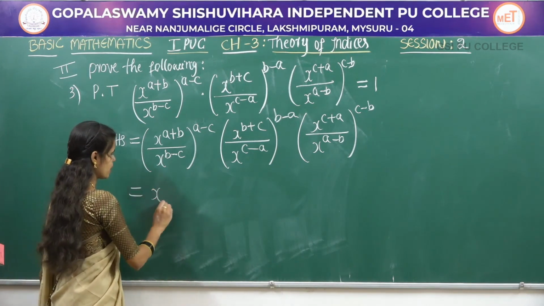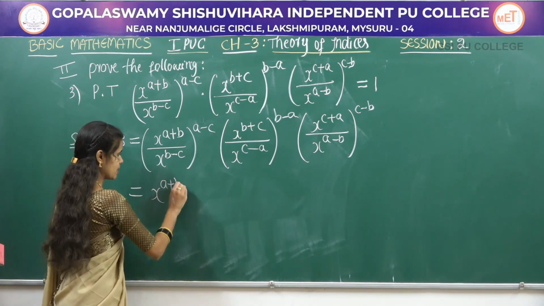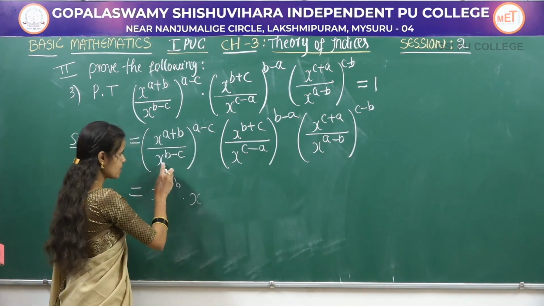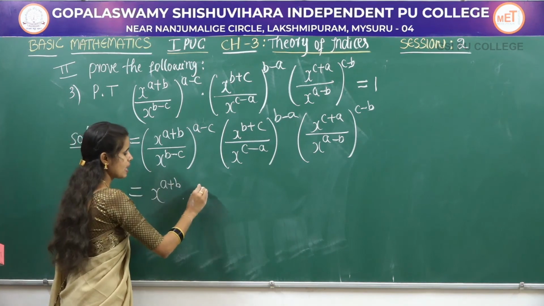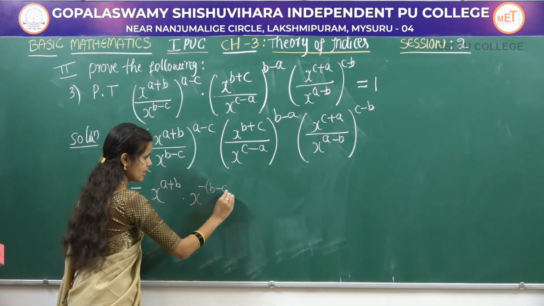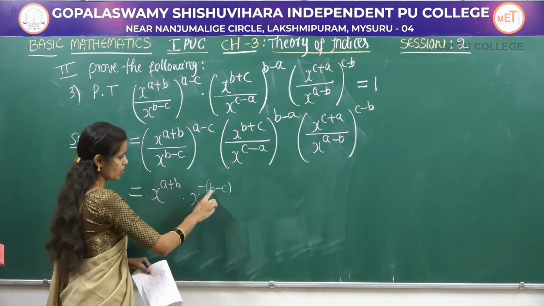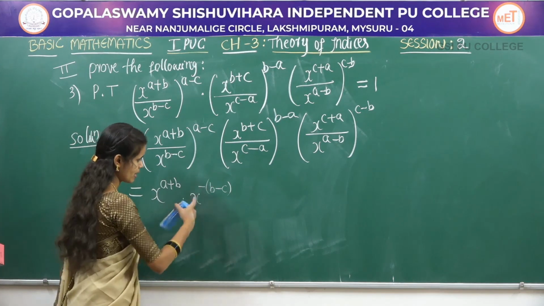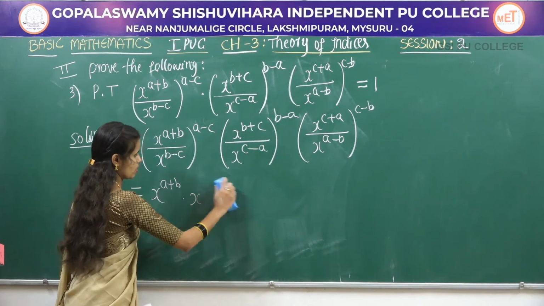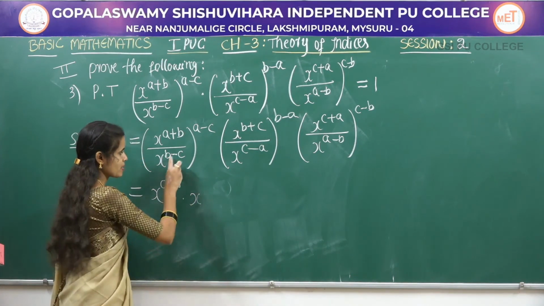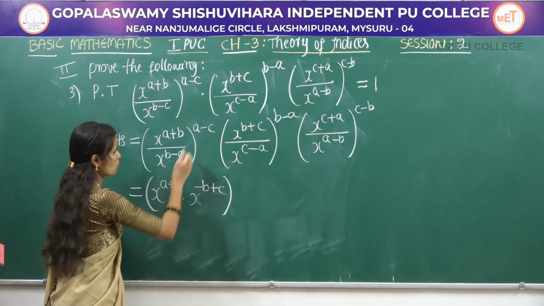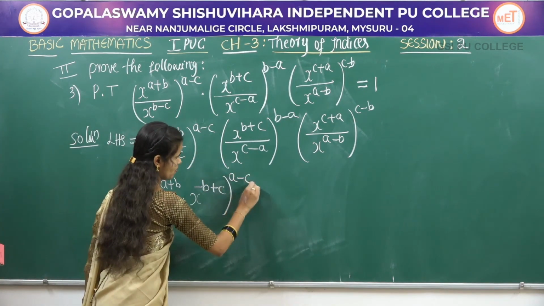Now simplify x to the power of a plus b. Take this term into the numerator. It becomes x to the power of minus of b minus c. Minus of b minus c means minus b plus c. So, minus b plus c, to the power of a minus c.